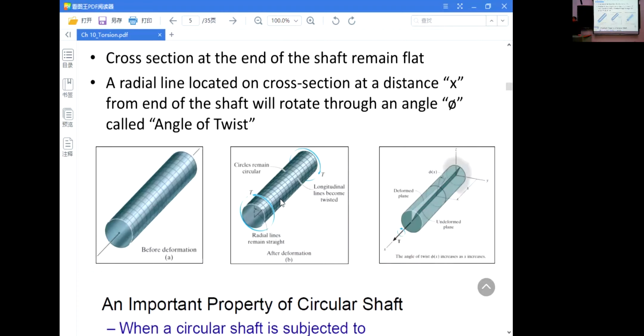It means on the cross section there is no normal stress. Because if there were a normal stress, the length would change. Because the length remains, we can assume on the cross section there is no normal stress. There is just the shear stress.